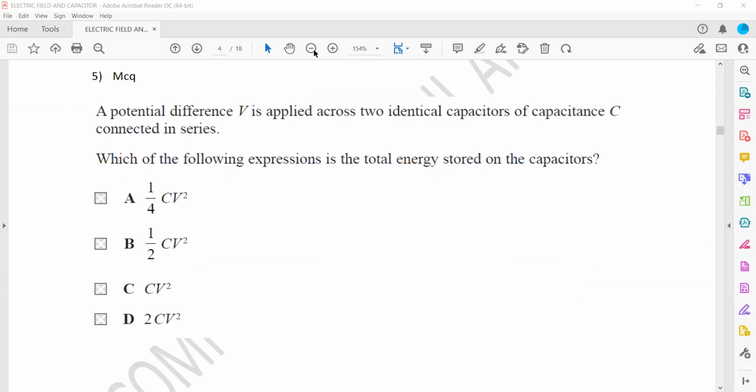In question 5, a potential V is applied across two identical capacitors of capacitance C in series. Which of the following expressions is the total energy stored in the capacitors?